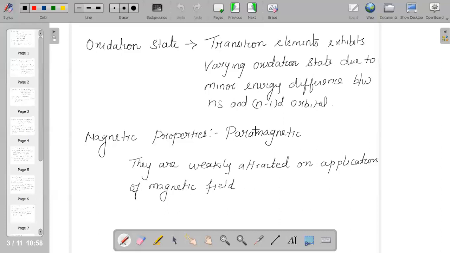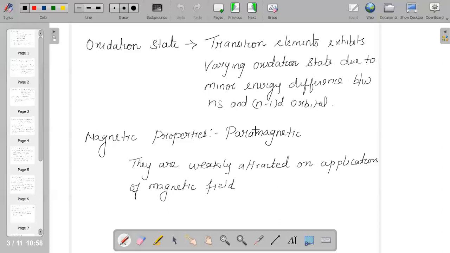And when we start talking about magnetic properties, what are all the magnetic properties exhibited? The magnetic property of a substance depends on its behavior in an external magnetic field.